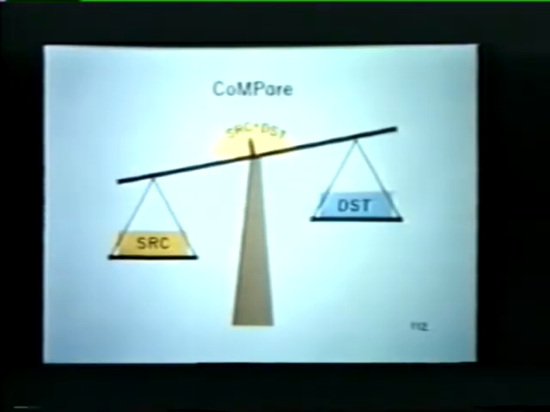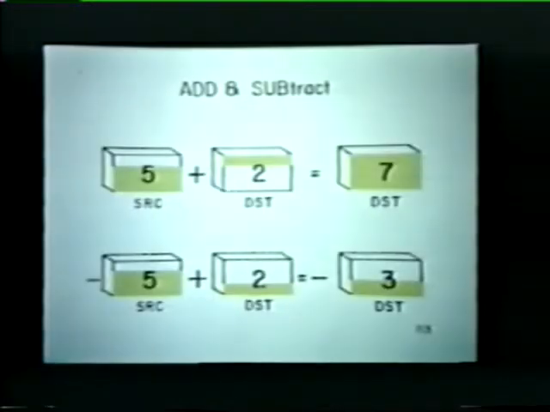Compare is another double operand instruction. The compare instruction compares the two operands and then tells us whether the source is larger, whether the destination is larger, or whether they are both equal. The mnemonic for this compare instruction is CMP. The add and subtract instructions do exactly what they say.